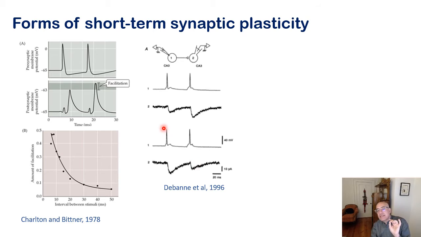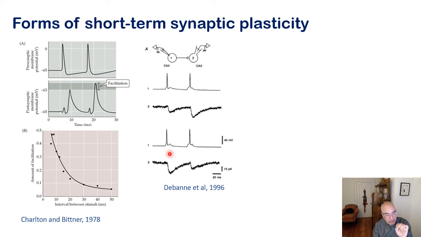Again, typically synaptic facilitation at the short term is due to accumulation of presynaptic calcium, whereas synaptic depression can have many causes. The primary cause is that you don't have enough primed vesicles ready to be released at that particular synapse.